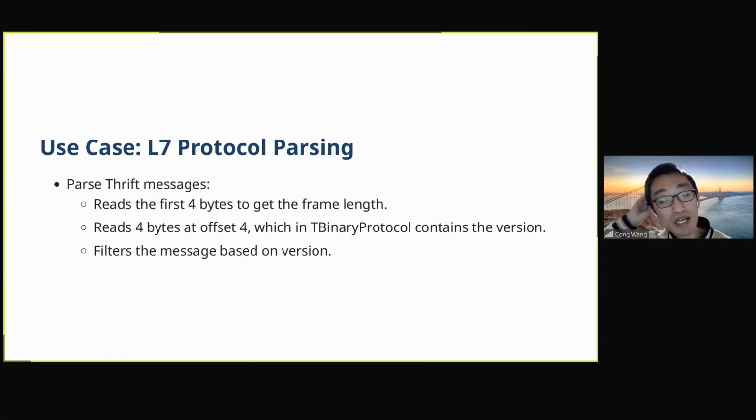A Thrift message is almost entirely defined by the application. The Thrift protocol provides a general framework, pretty much like the protocol buffer framework, for each application to define their own. However, in this case, we highly simplify the case.